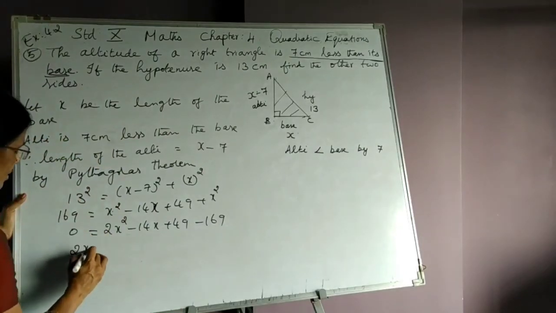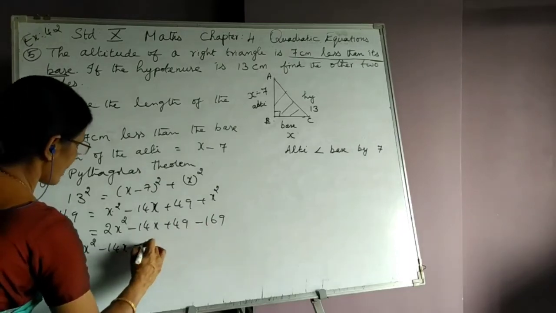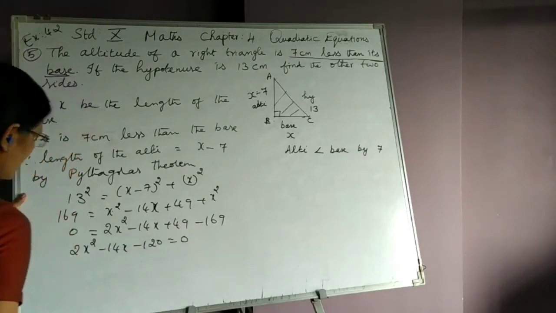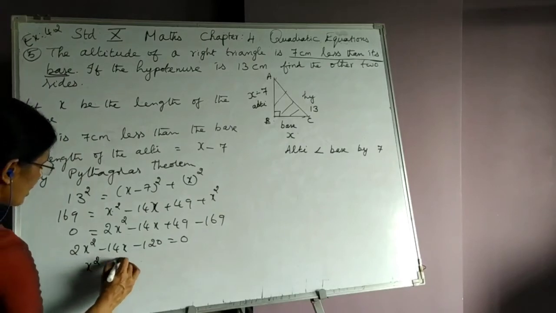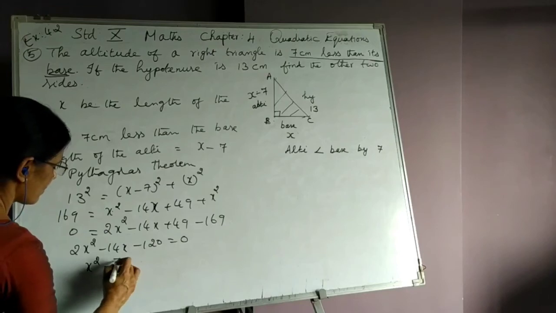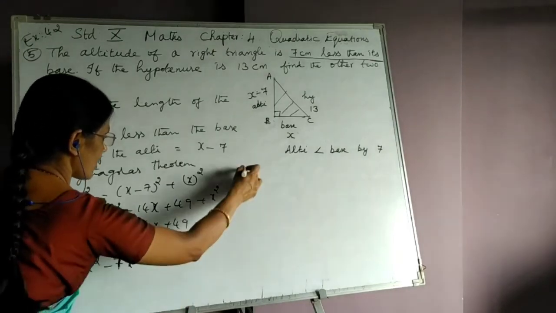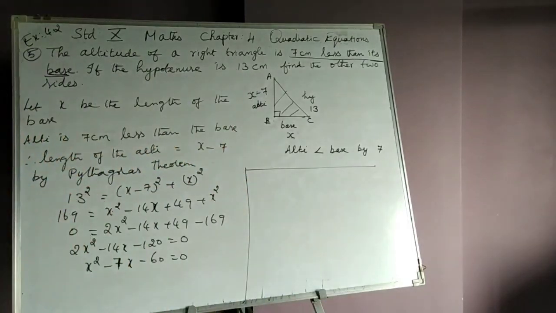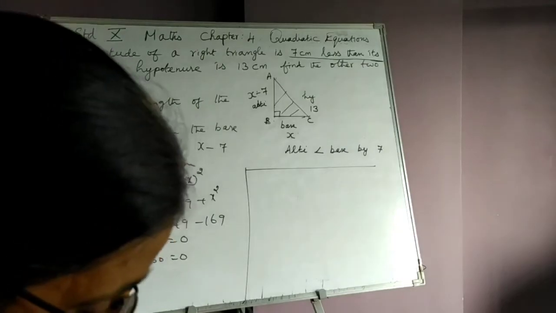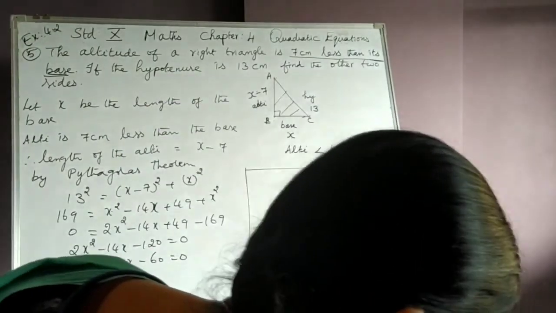Therefore, we get 2x square minus 14x. Subtracting, we will get minus 120 equal to 0. Dividing each and every term by 2, we get x square minus 7x minus 60 equal to 0. Now we have to find two numbers whose addition is minus 7 and whose product is minus 60.